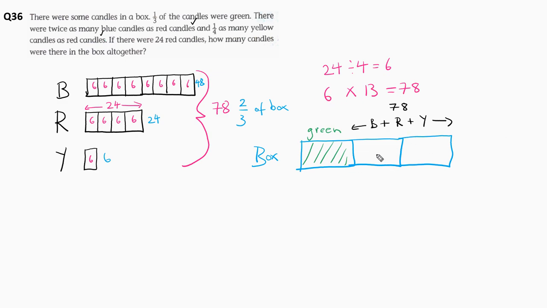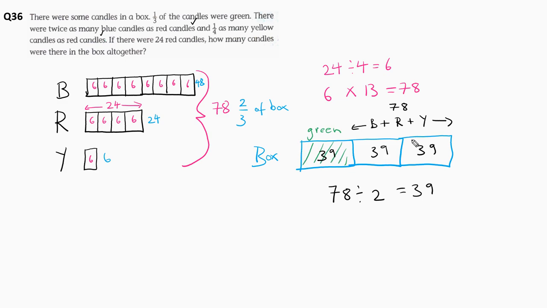So we know that 78 is the value of these 2/3, these two parts. Hopefully you can see that if we divide 78 by 2, which is 39, we're going to get the value of each of these parts.